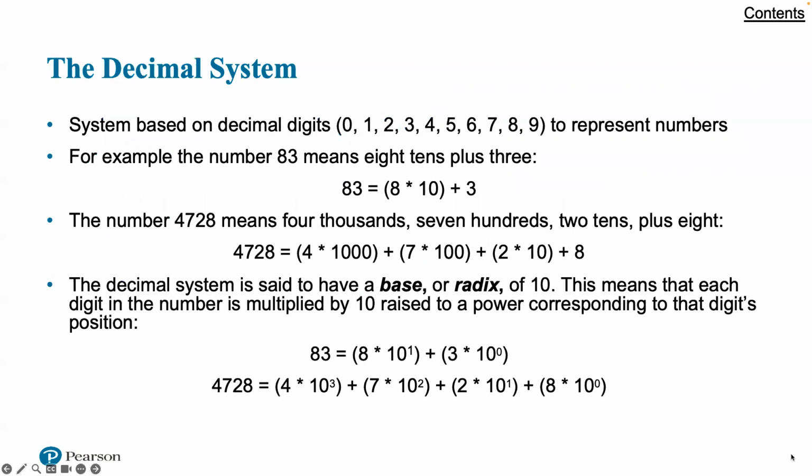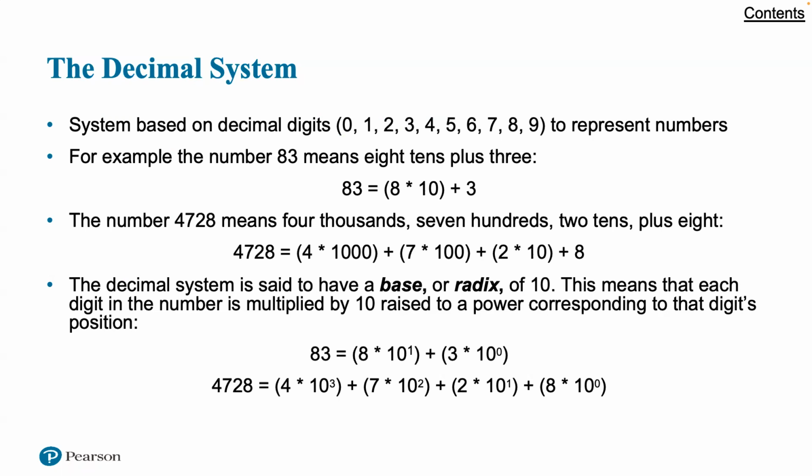And so now let's give a couple examples and think of the decimal system from a different point of view that you haven't thought about. In everyday life, we use a system based on decimal digits, 0, 1, 2, 3, 4, 5, 6, 7, 8, 9, to represent numbers and refer to the system as the decimal system.